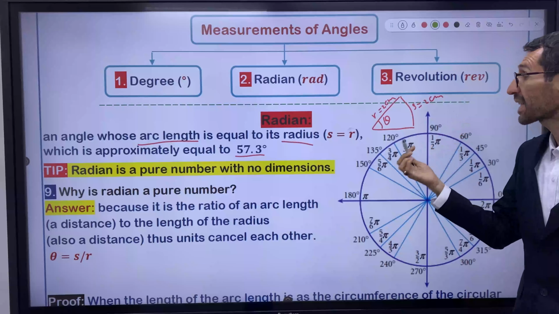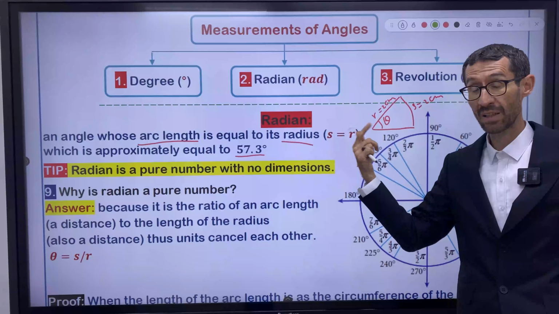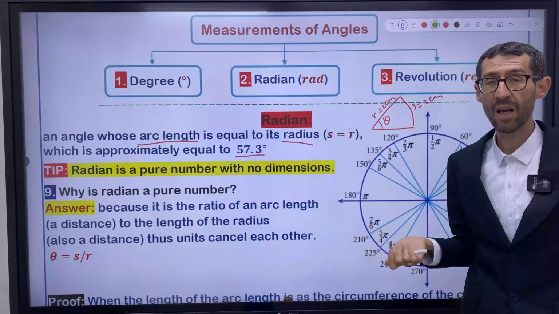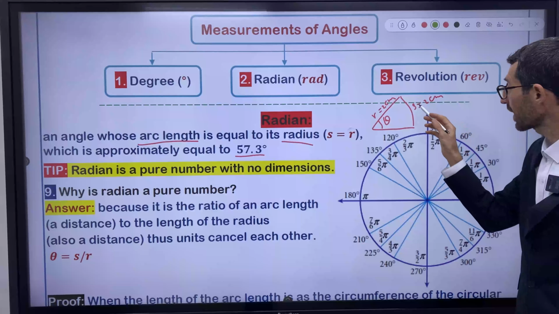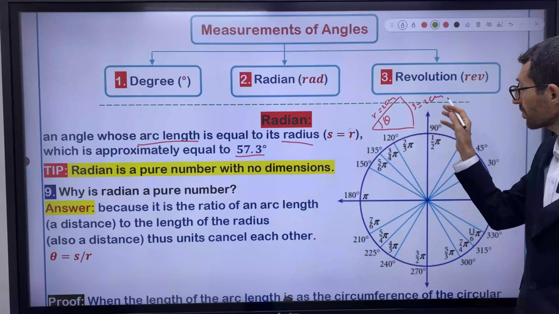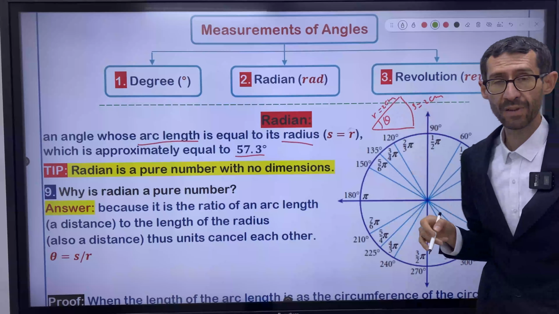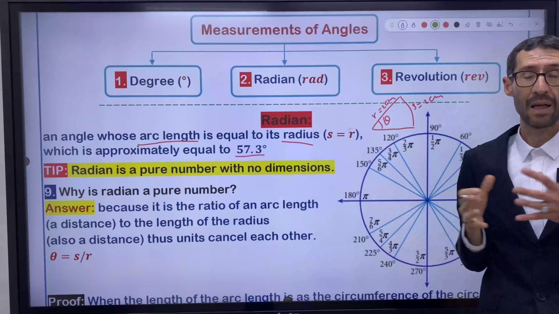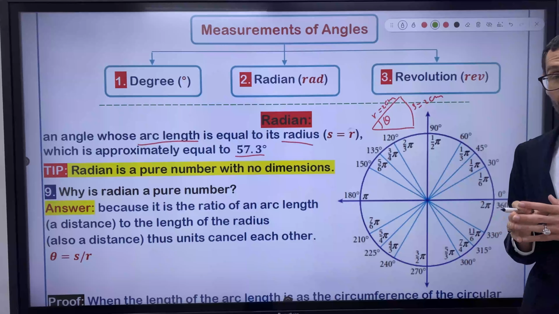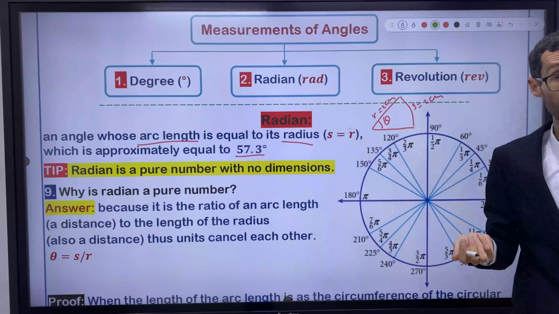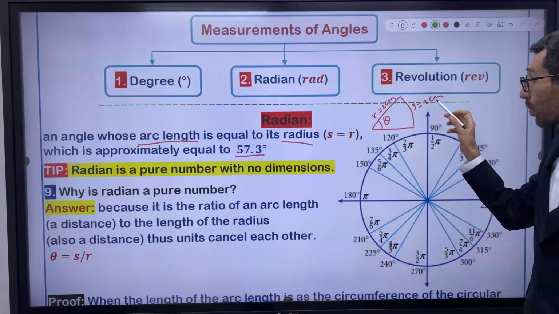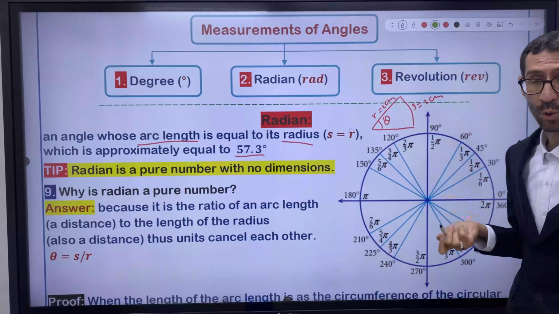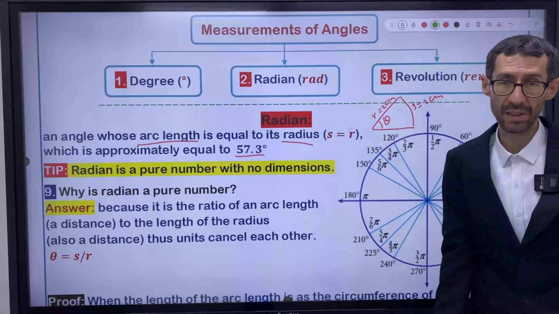Based on the definition of radian, when the arc length and the radius of a circle are equal in magnitude, we have 1 radian. So S is equal to 2 centimeter and R is equal to 2 centimeter. That's why we have 1 radian.